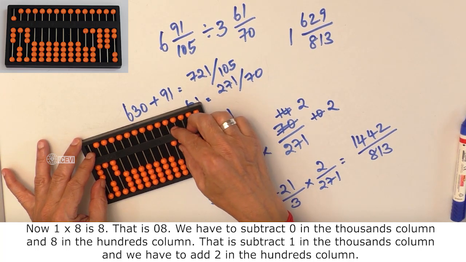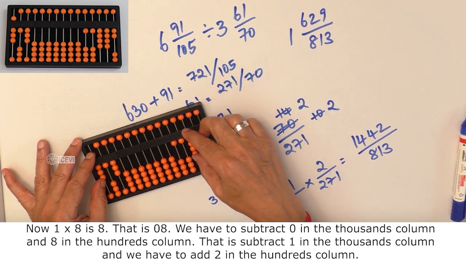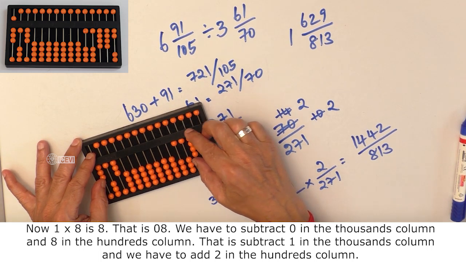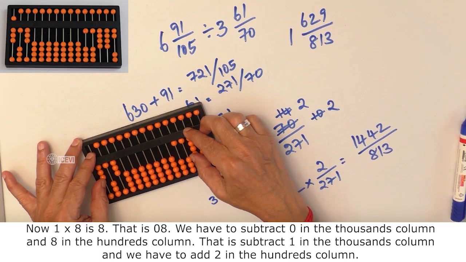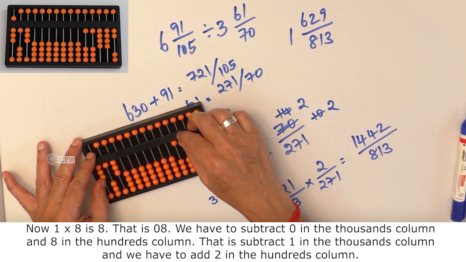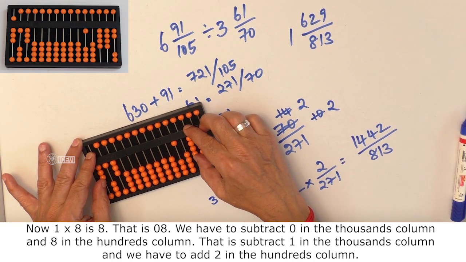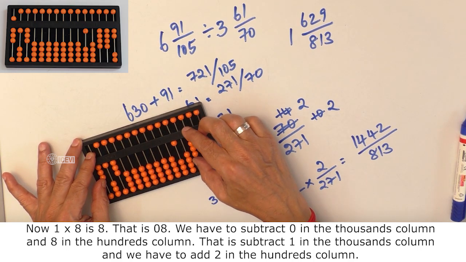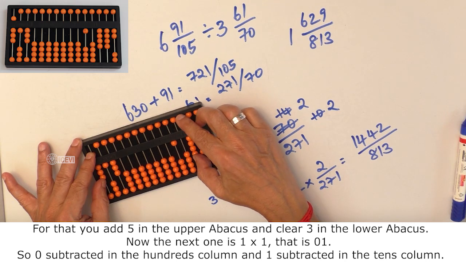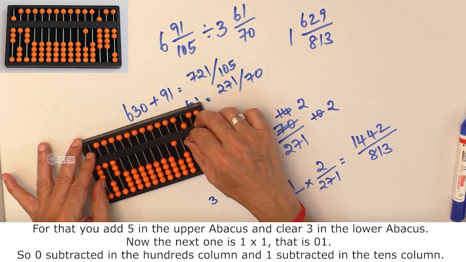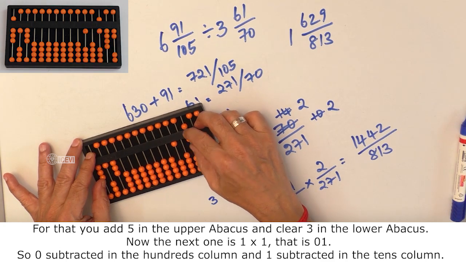We have to subtract 0 in the thousands column and 8 in the hundreds column. That is, subtract 1 in the thousands column and add 2 in the hundreds column. For that you add 5 in the upper abacus and clear 3 in the lower abacus.